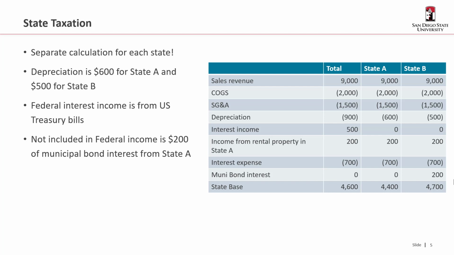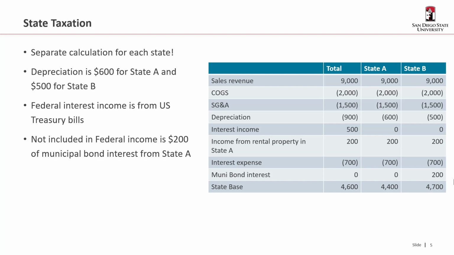On the depreciation line, we've substituted in the state depreciation numbers for the federal depreciation numbers. The interest income from U.S. Treasury bills is excluded, since it's not legal for a state to tax U.S. government obligations. The interest expense is fine, and then we added back the municipal bond interest because those are from State A. State B taxes them, but State A does not tax them. So under State A's rules, that's non-taxable. Under State B's rules, that would be taxable.